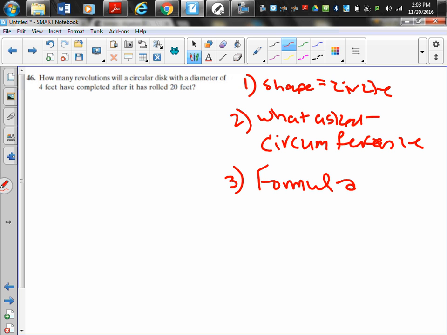What was the formula for circumference? 2 pi radius. Or, what's the other one? C equals D pi.